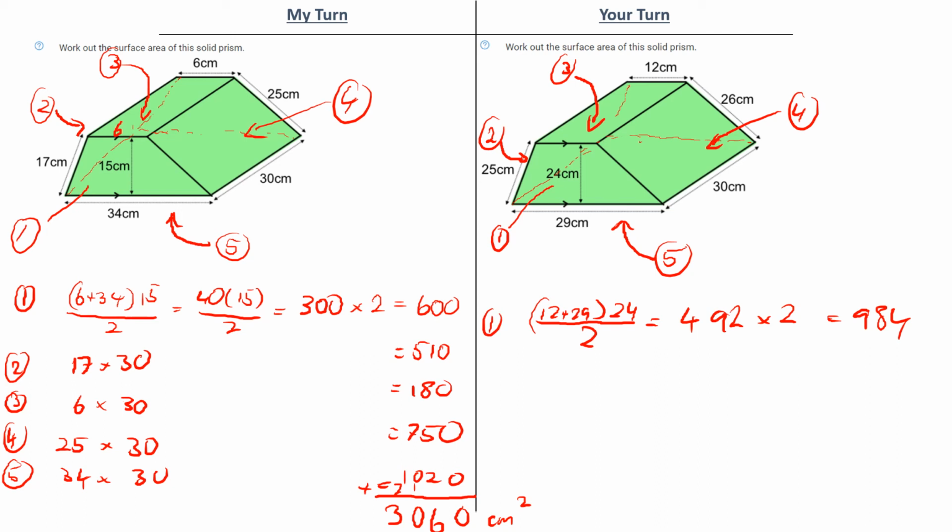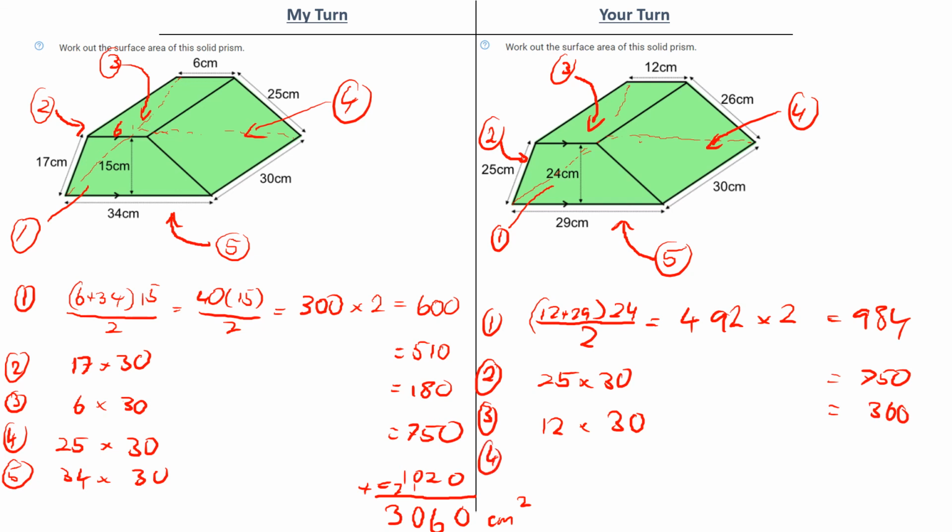Face 1 and 2. So face 2 next. So we've got a rectangle 25 times by 30. So 25 times by 30, we get 750. Face 3, we've got 12 times 30. Will give me 360.